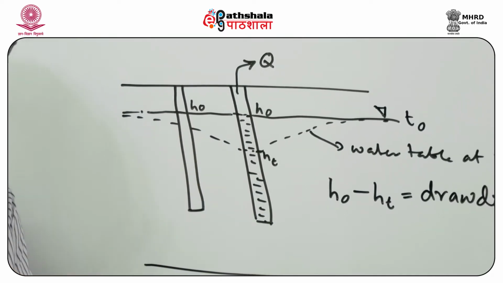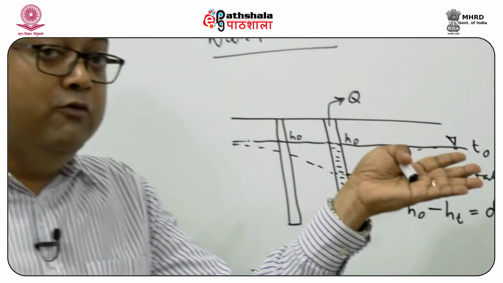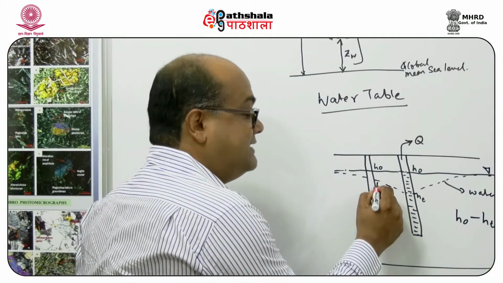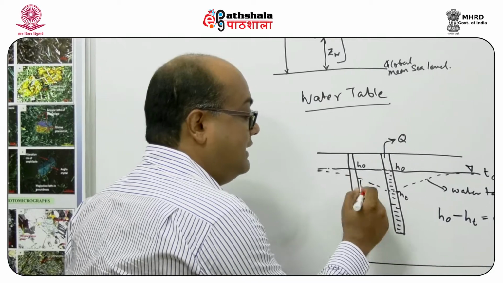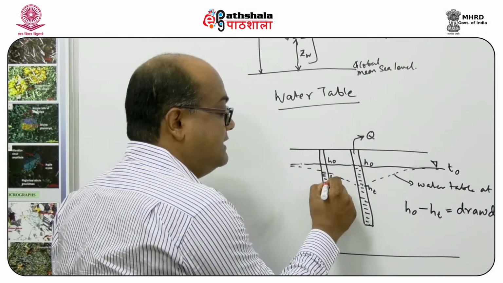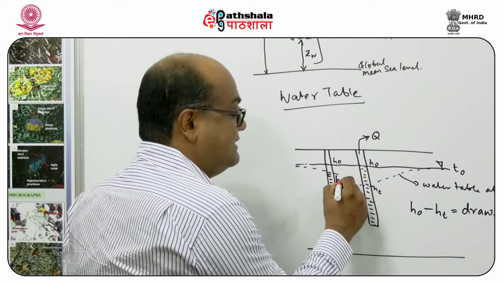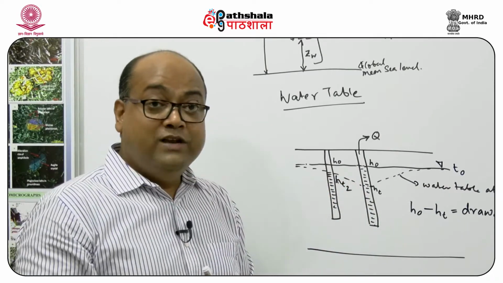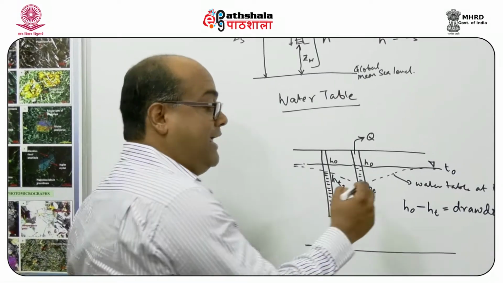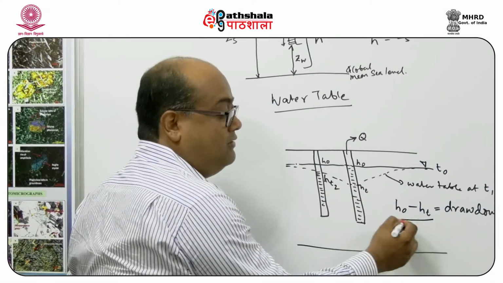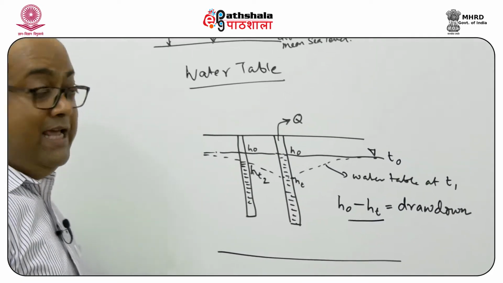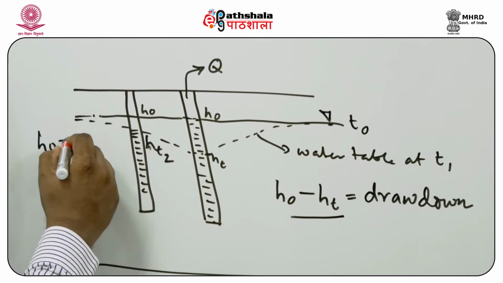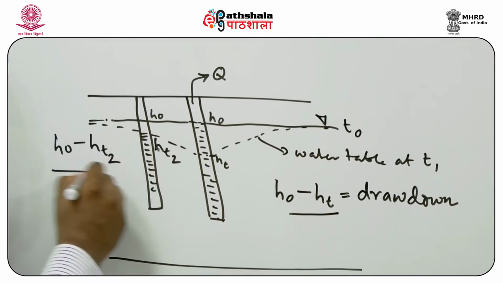Because the depression fades away as you move away from the pumping well, the water level at this point is, say, HT2. So what is the drawdown in this well? The drawdown is H0 minus HT. And what is the drawdown in this observation well? This is H0 minus HT2.